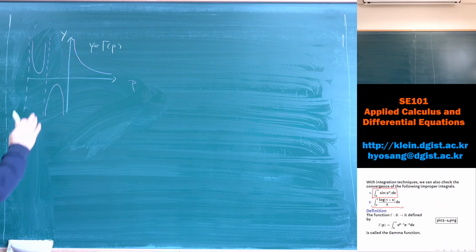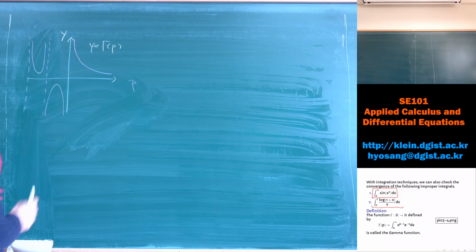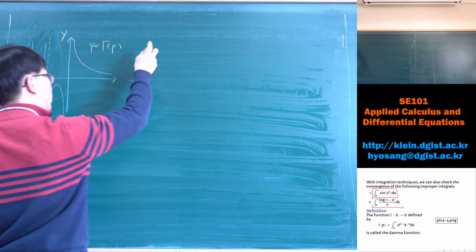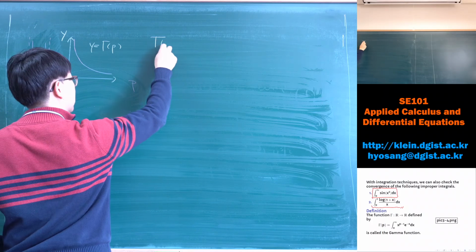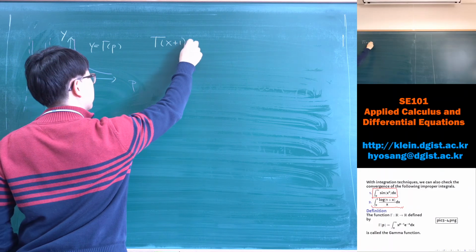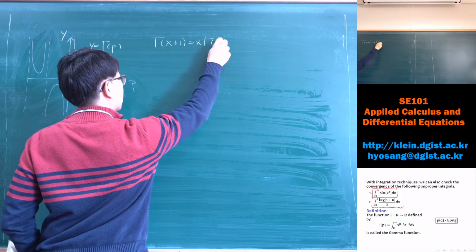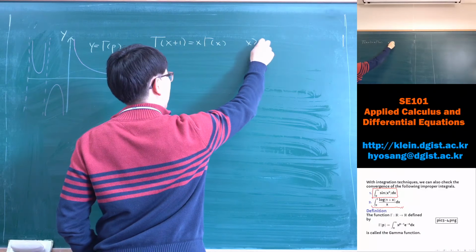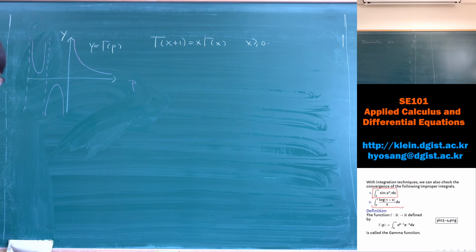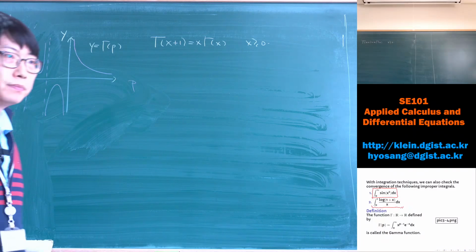For the positive values, nothing makes problems. For the negative values, we define the gamma function through this formula. When x is positive, you always have this formula.